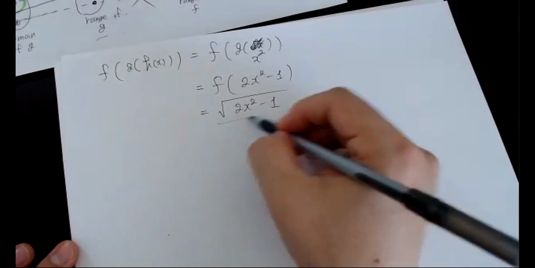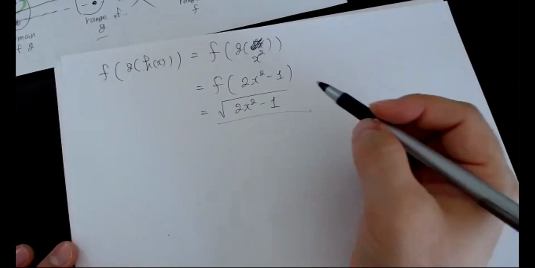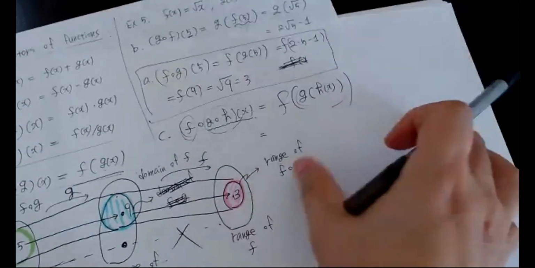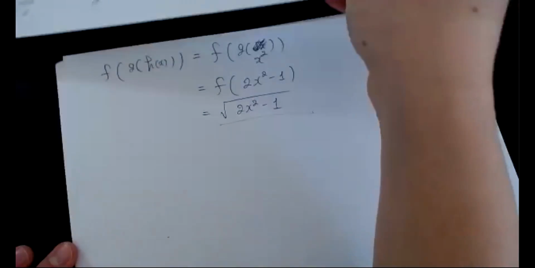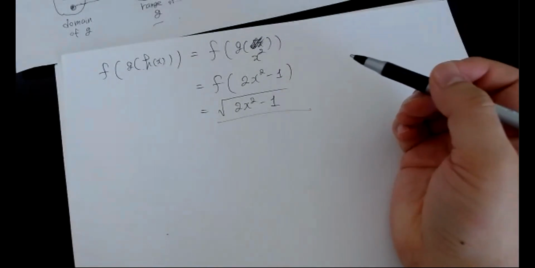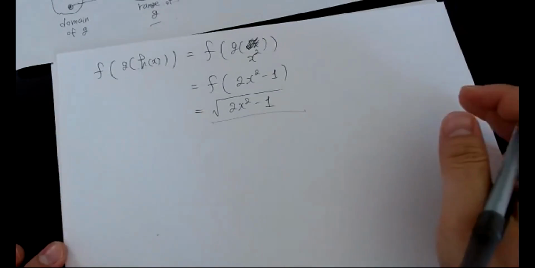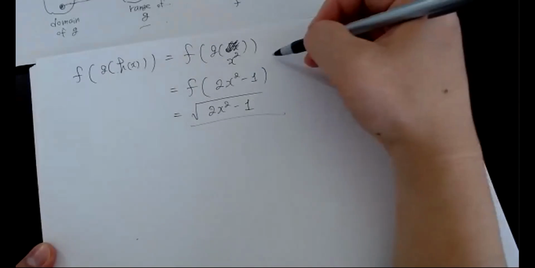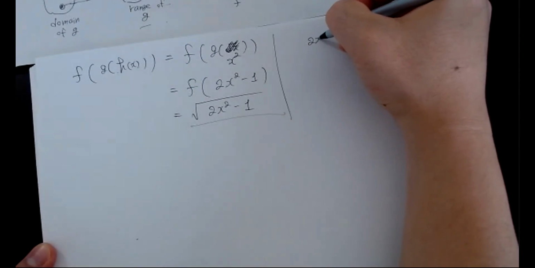But what's the domain of the function composition of f, g, and h? To find this, we have to think about the inequality 2x squared minus 1.